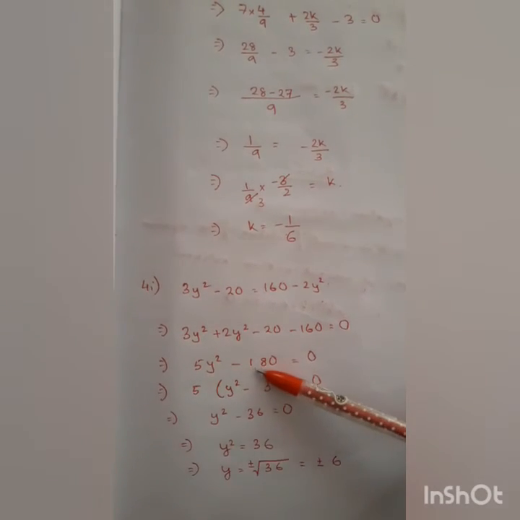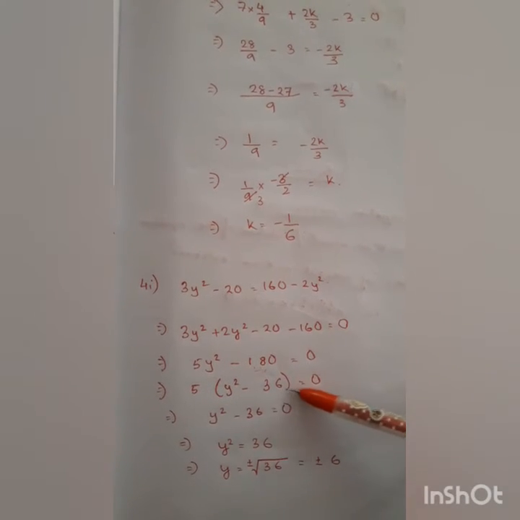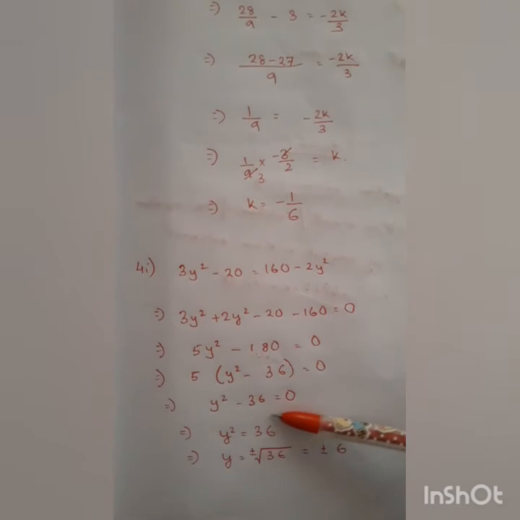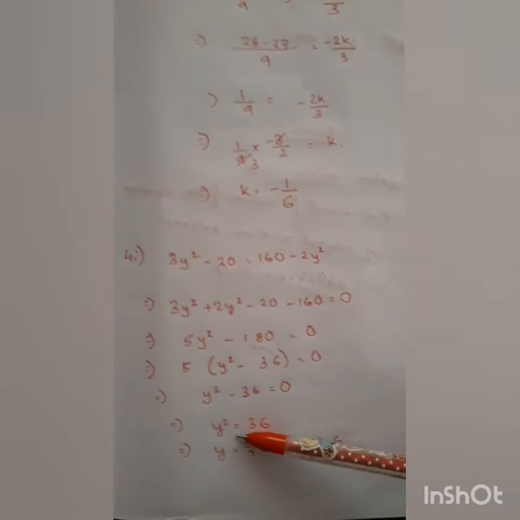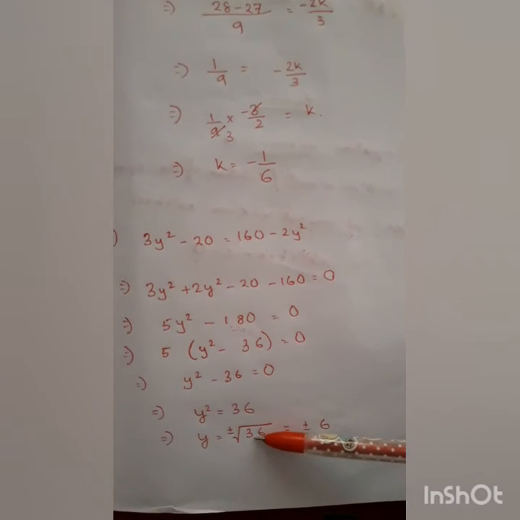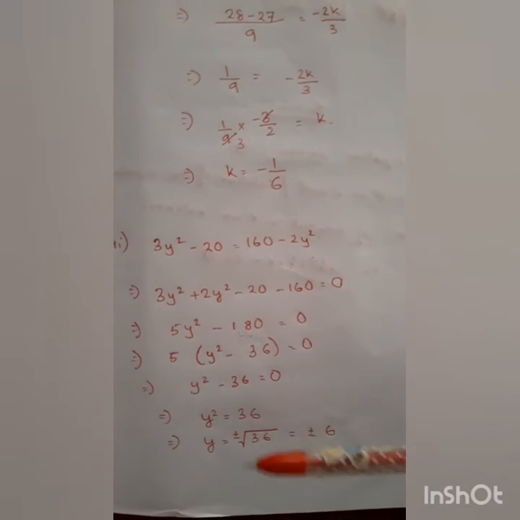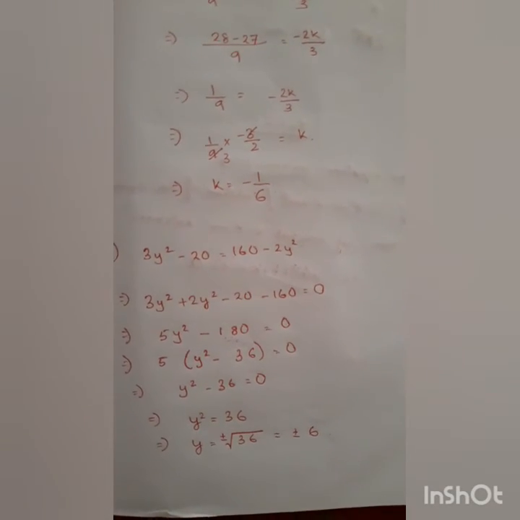So 5y square minus 180 equal to 0. I have taken 5 common, y square minus 36 equals to 0. So y square minus 36 equals to 0 means y square equals to 36. So y equals to plus minus root over of 36 equals to plus minus 6. Never forget to give plus minus in your class 9 standard.